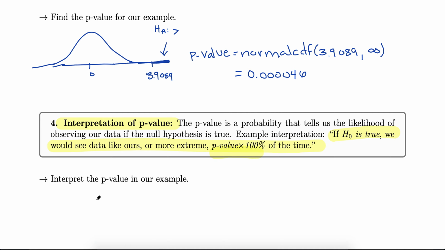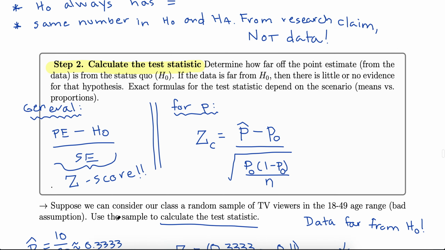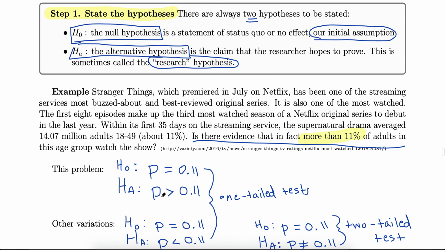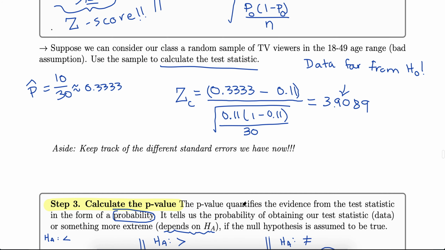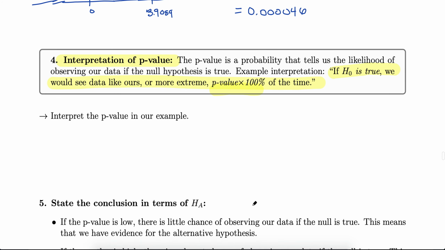So in context of our problem, the null being true, maybe flip back a few pages for context, the null being true means the proportion who watch the show is 11%. So jot that down here. If 11% watch this show, okay, so again, that's our null hypothesis being true. Put that in context.